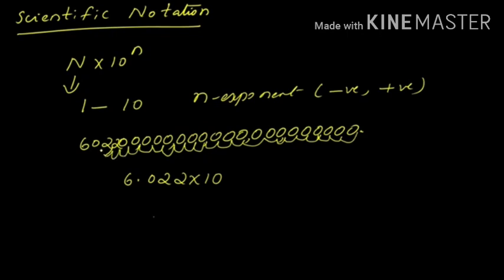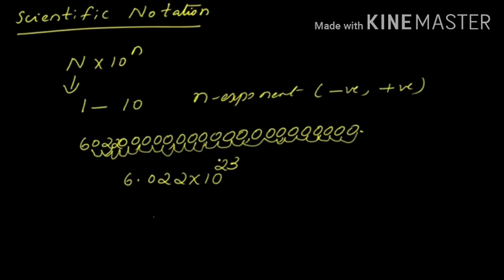When we count, we get 23. 23 digits are there. So we will write the exponent n as 10 to the power of 23. Since the decimal point is shifting to the left side, we use a positive sign. Positive 23.